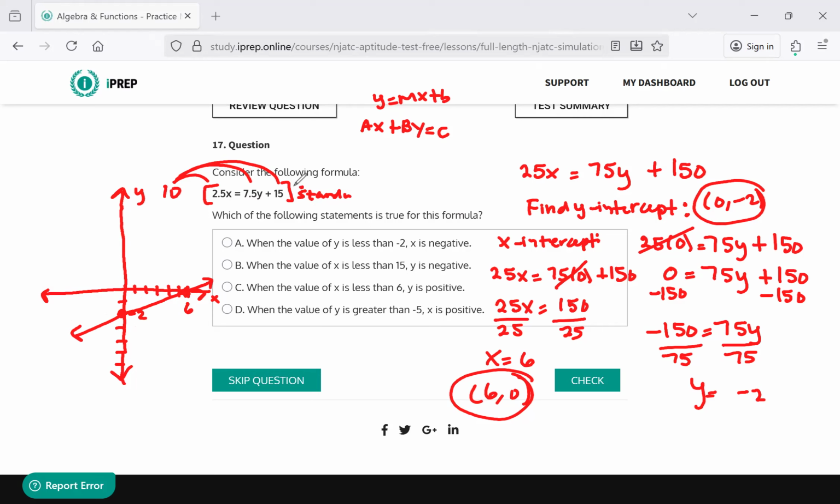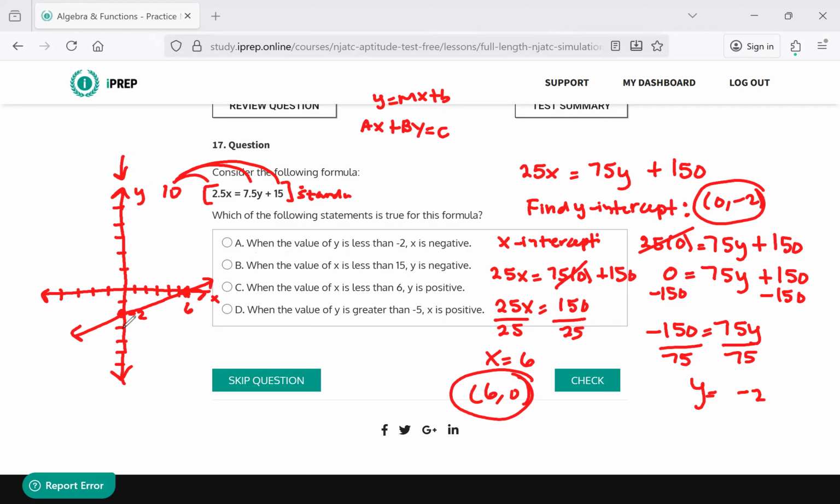Now, based on that line, let's figure out what is true and what is not. Actually, let's add more tick marks. So, when the value of y is less than negative 2, x is negative. Is that true? Look at the vertical line, the y-axis. Here's negative 2.